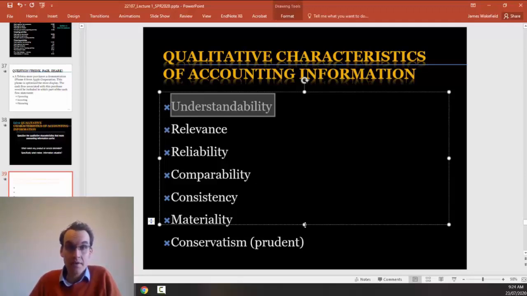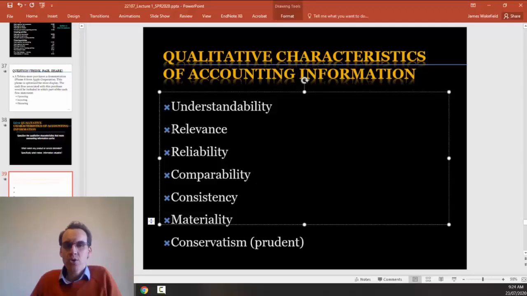One, that you need to work a bit harder, or two, that the statement fails the understandability characteristic. It should be understandable to anyone with a basic accounting knowledge.